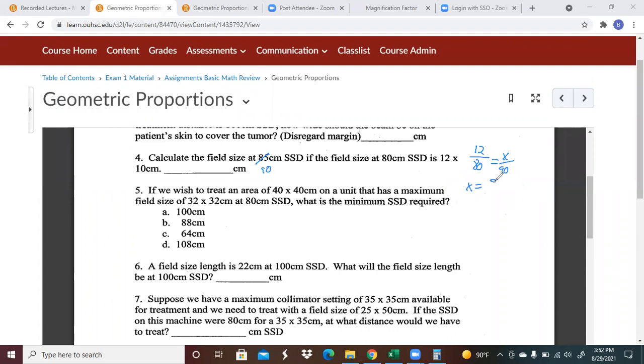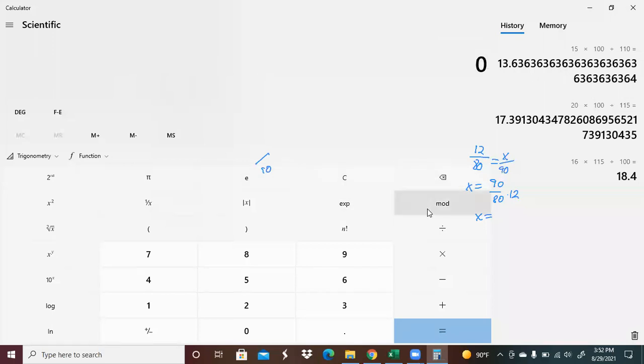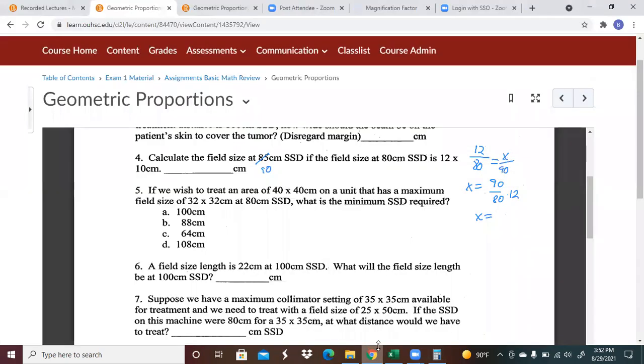If we do the cross multiplication, we've got 90 divided by 80 times 12. So X is equal to 12 times 90 divided by 80. It's equal to 13.5.